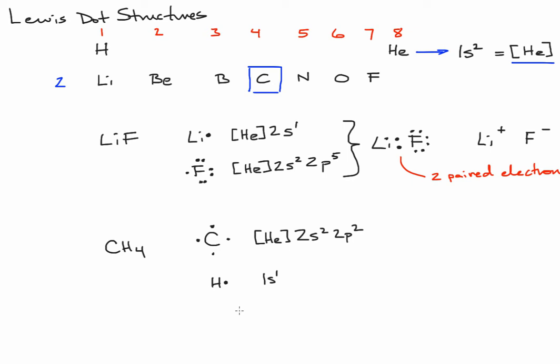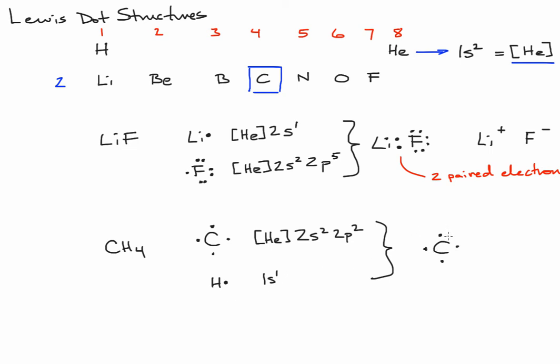So to draw the Lewis dot structure, this single carbon is going to be bonded to 4 hydrogens. So let's go ahead and draw in our carbon. Now we're going to pair that carbon with 4 hydrogens.